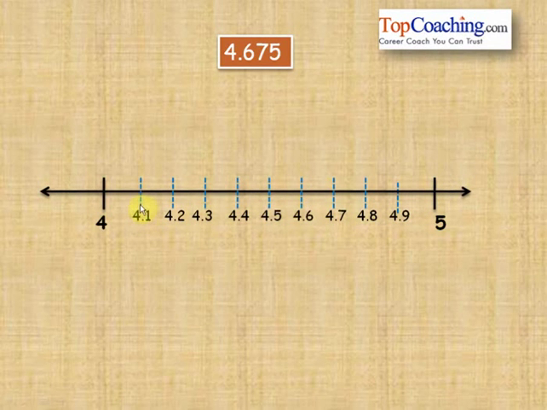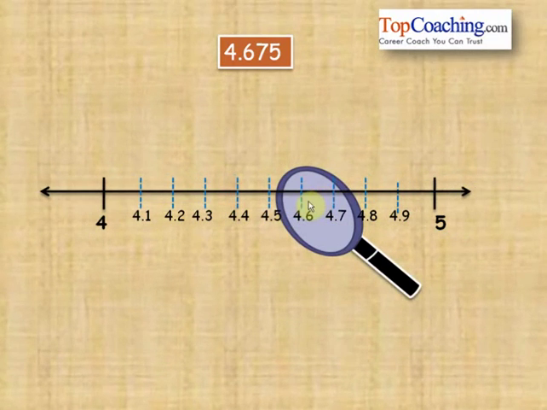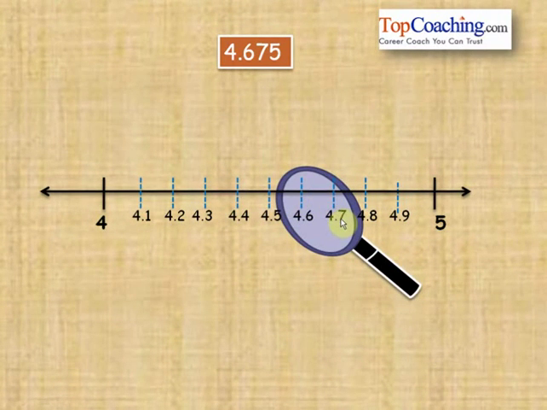So this is 4.1, this is 4.2, this is 4.3, this is 4.4, this is 4.5, this is 4.6, this is 4.7, this is 4.8 and this is 4.9 and finally this is 5. Now this number 4.675 would of course lie between 4.6 and 4.7 because this number is greater than 4.6 and less than 4.7. So now we are interested in this space.